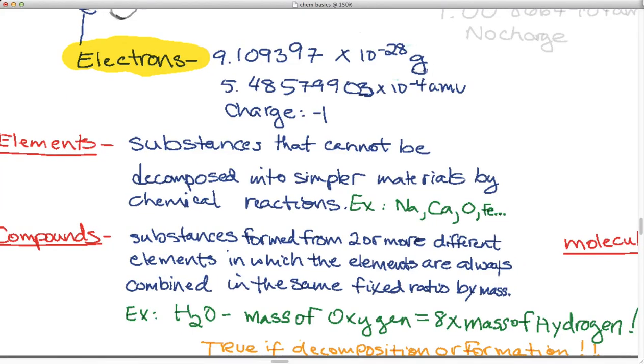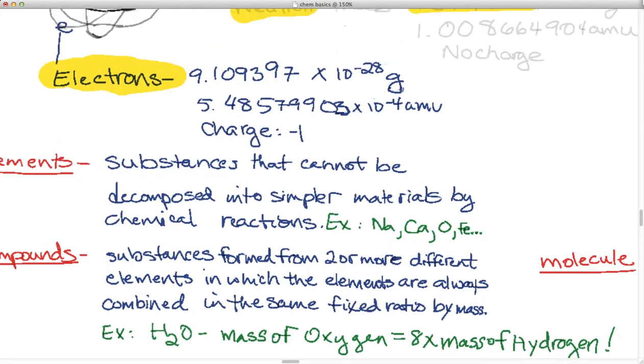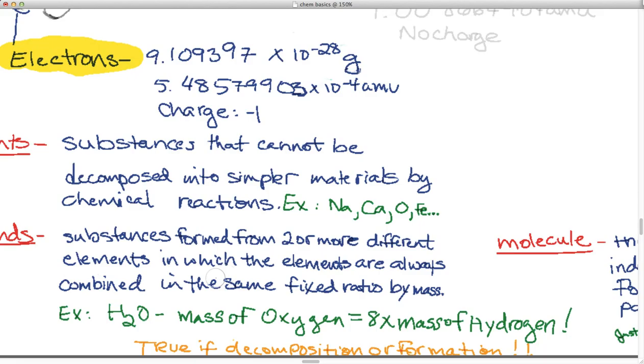For instance, water. Whether we're forming or breaking down water, decomposition or formation, the mass of oxygen should always be 8 times the mass of hydrogen. Okay? This is for decomposition or formation. And that's the definition of the compound H2O.